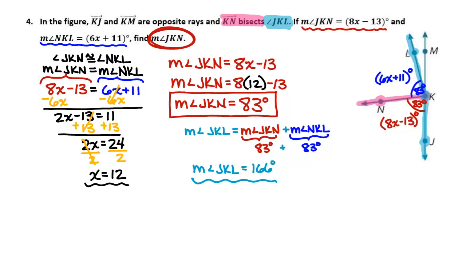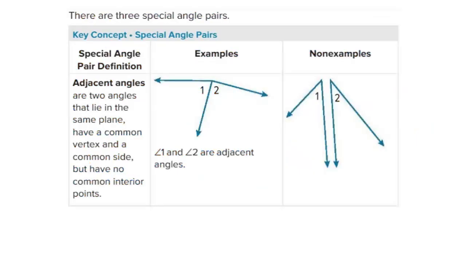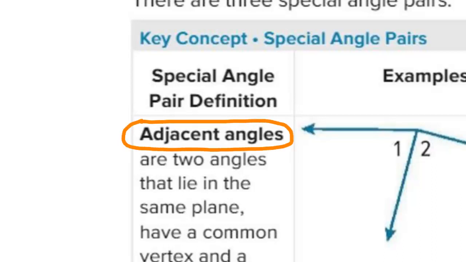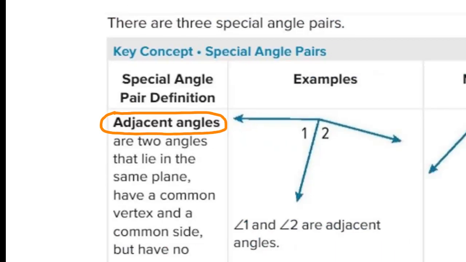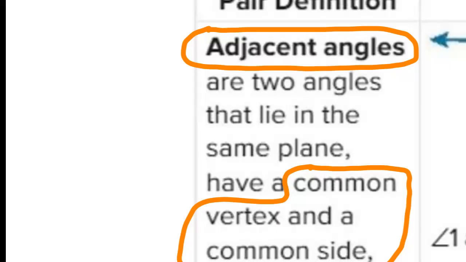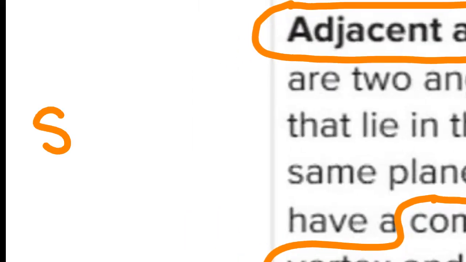If you look down at the bottom of the page, the first special angle pair is listed there for us. These are our adjacent angles. Adjacent angles have a common vertex and a common side. So they share a side.